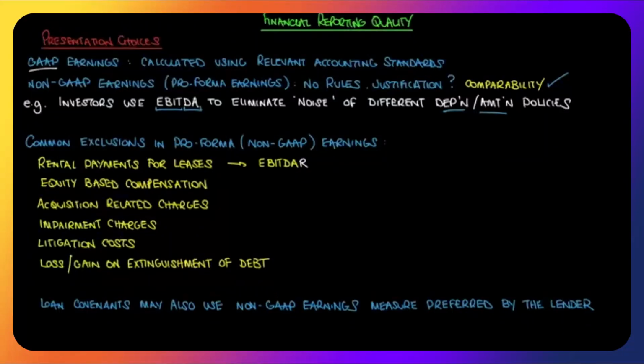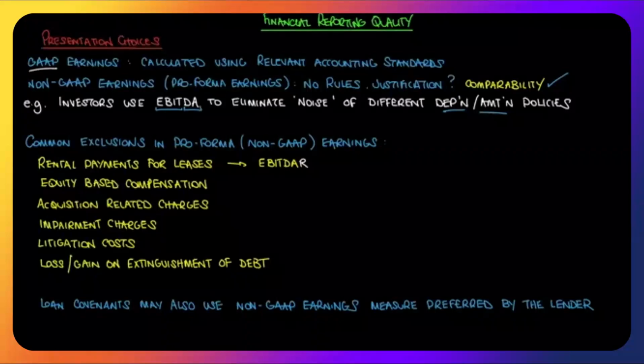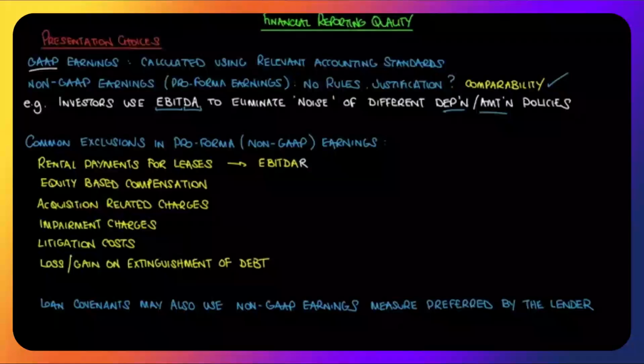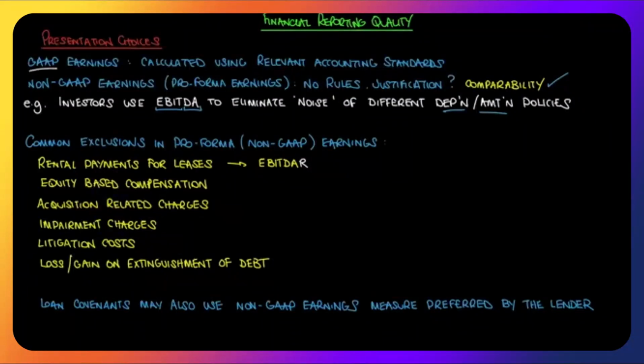Now, if you have under US GAAP, and this used to be a bigger deal, an operating lease, that whole payment will go through as a rental payment, as an expense. Whereas you can argue, well, this is really interest and capital, just like you would treat a finance lease. Adding back those rental payments, you get to EBITDA. You add on the R at the end to show it's before rental payments.